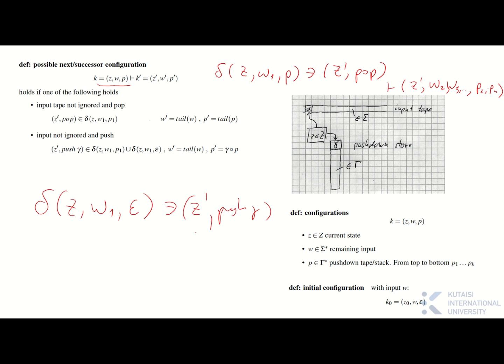So that means that when I'm in state Z and I read the letter W1, I can completely ignore what's on my stack, not look at my stack, and still push gamma. This will give me the same result as if I looked and saw P1 and pushed gamma. So if this thing is either here or here, you will get the same result. The tail of W will be left, and P prime will be P pushed with gamma.